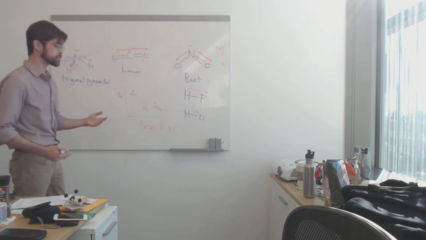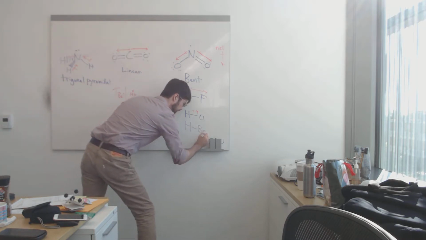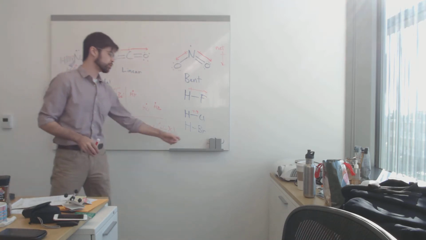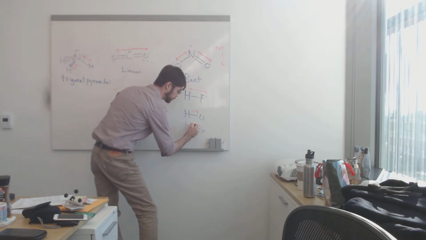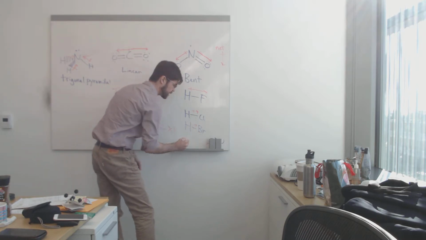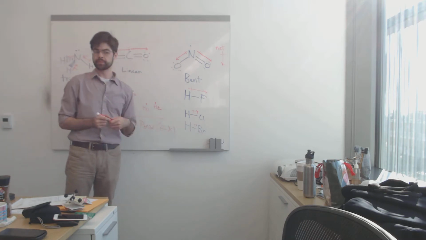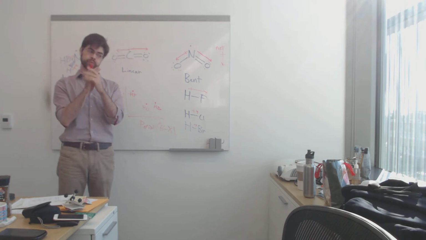And that might be confusing because HBr also is a polar molecule. Bromine is more electronegative than hydrogen, and so the electrons are pulled towards the bromine. But bromine's even less electronegative than chlorine. So its dipole should be significantly smaller.